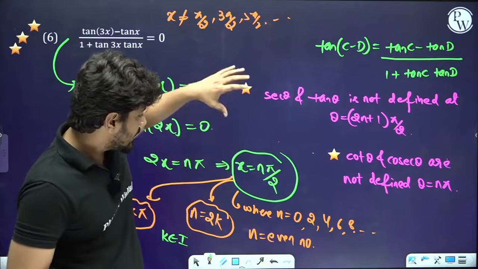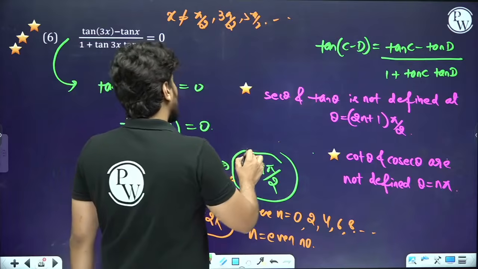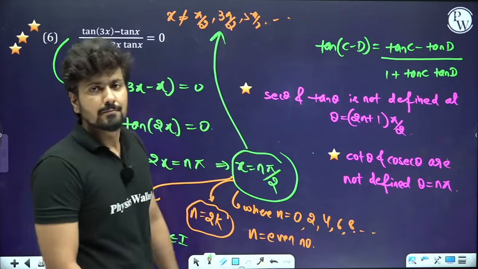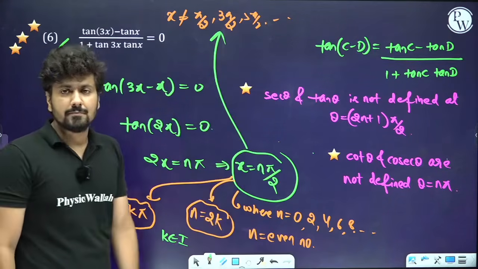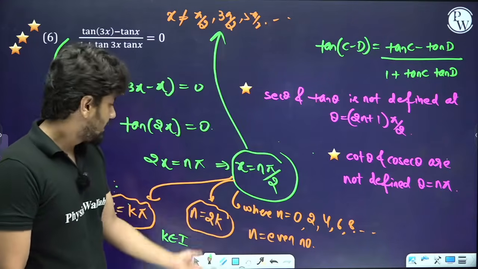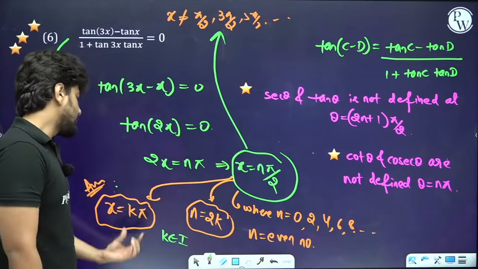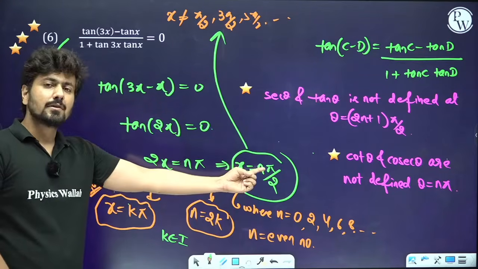So I hope you understand the crux of this question. The crux is, in this solution, we are getting many angles, including angles for odd values of n. That is why we have to make sure that n is an even number, and any even number you can consider as 2k. If you put n as 2k, what do I get?